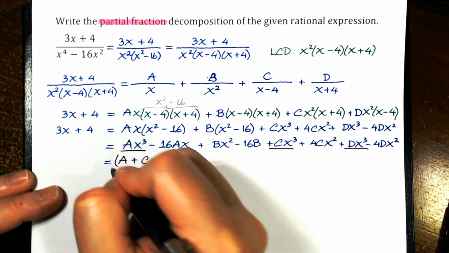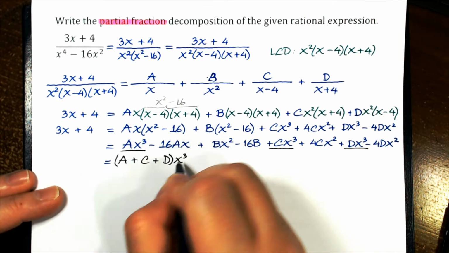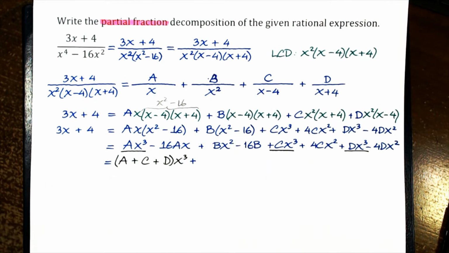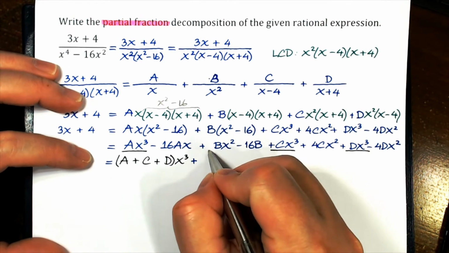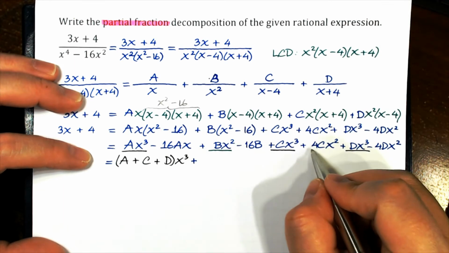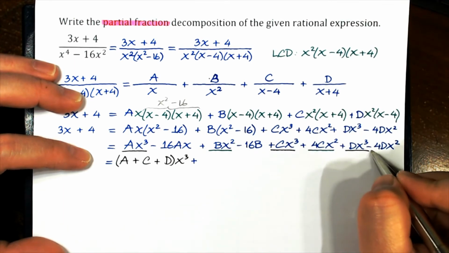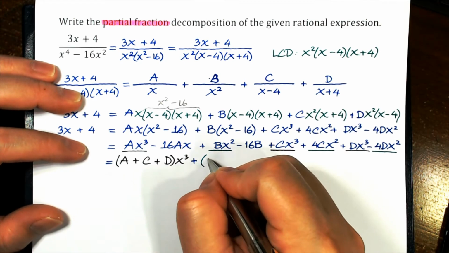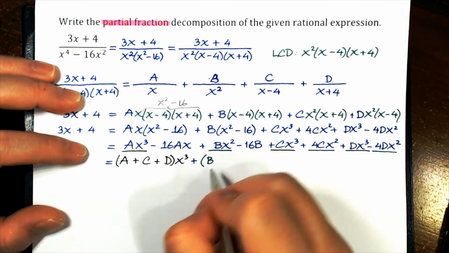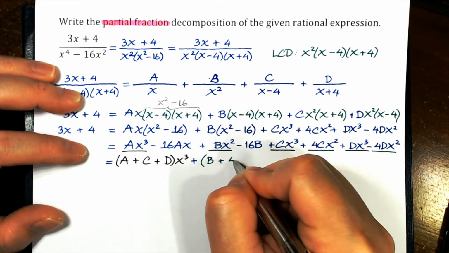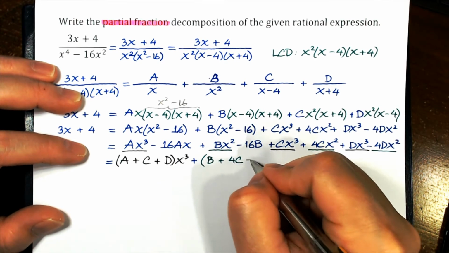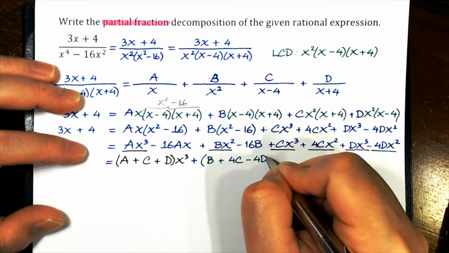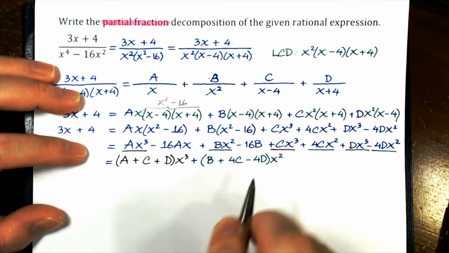Next, the x squared will have bx squared, 4cx squared, and minus 4dx squared. So we write b plus 4c minus 4d times x squared.